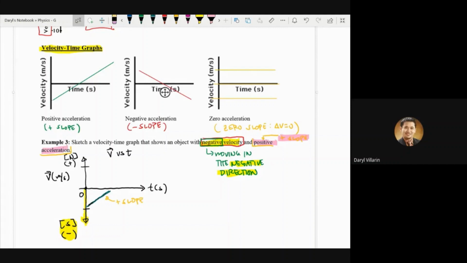So in this case, the object is moving in the south direction, however the slope is directed to the north, because positive means north. So the acceleration is in the opposite direction of your negative velocity.